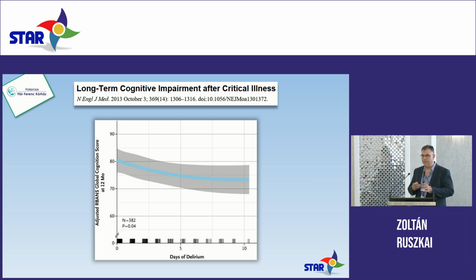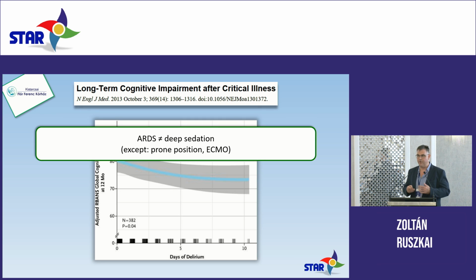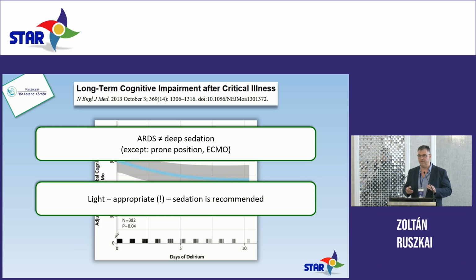So the longer the delirium, the longer the cognitive impairment. So we can conclude that treating a patient with ARDS is not equal to deep sedation, except in some scenarios. So light or even appropriate sedation is recommended, I think so.